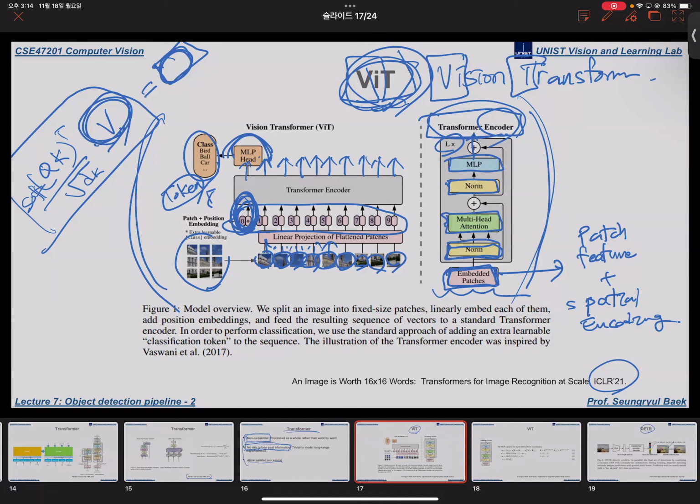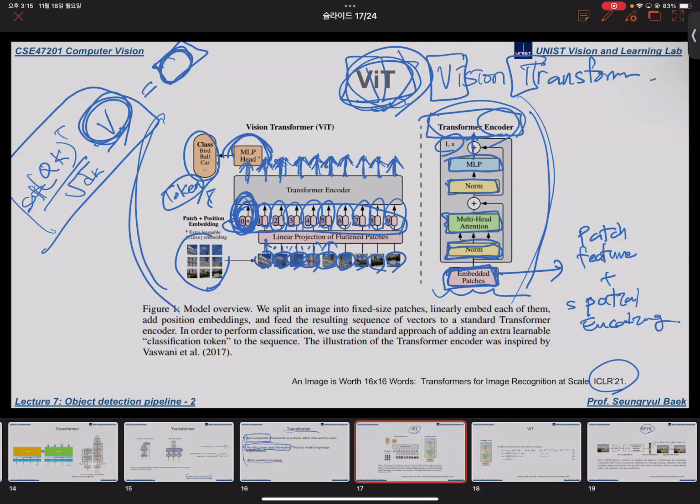Okay, but these value features are features for each patch. So this output would be some improved feature output from the transformer encoder that somehow considers the context or relationship between patches.